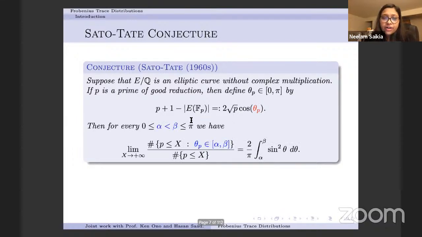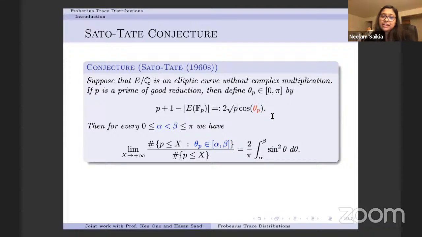Then for every real numbers alpha and beta, such that the closed interval alpha to beta is contained in the interval 0 to pi, if we count the primes up to x such that theta_p lies in the interval alpha to beta, and we take x to infinity and compare this ratio of the angles to the primes, then we obtain that this converges to the definite integral from alpha to beta of 2 over pi times sine squared theta.